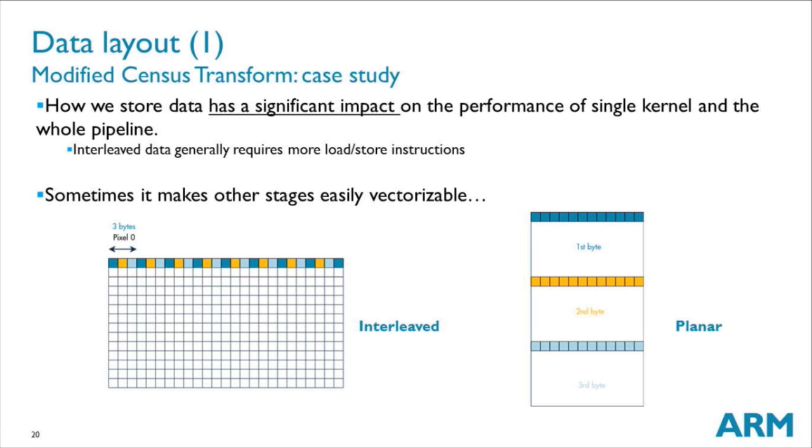Data layout. How we store data has a significant impact on the performance of the single kernel and the whole pipeline. It means that you should try to think in terms of the whole pipeline and not only in terms of the single kernel, because most of the time, if we think in terms of the whole pipeline, we make other stages easily vectorizable.